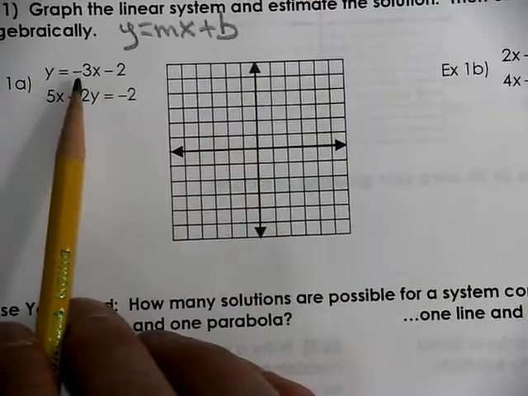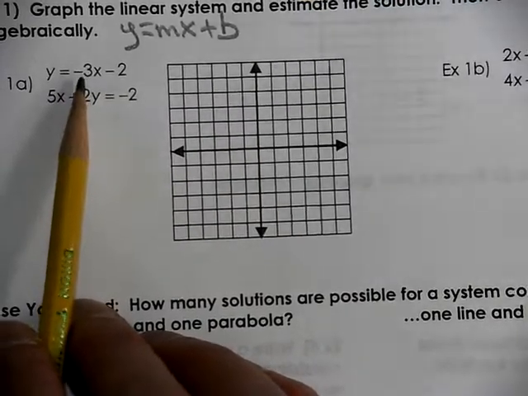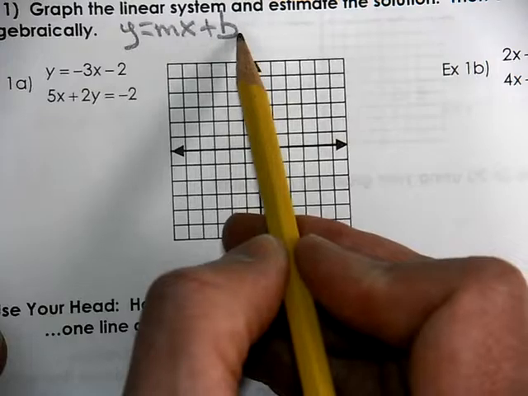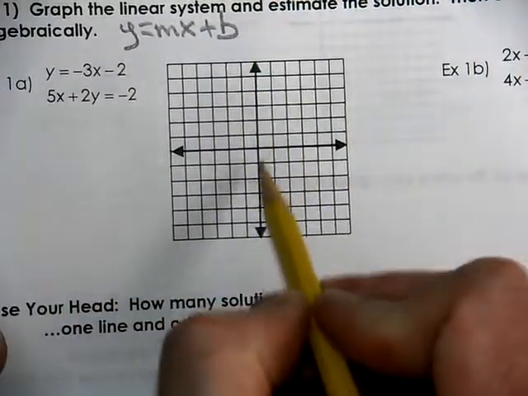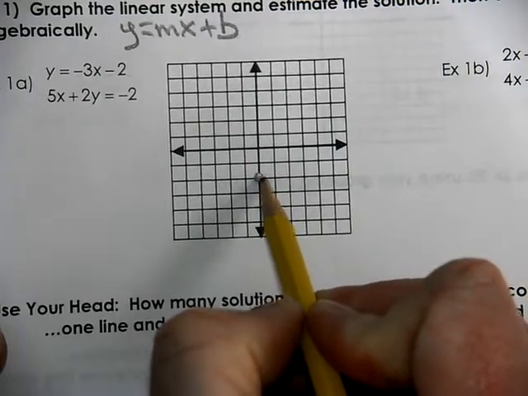So let's take this first equation. There's nothing we need to do with it. The b value, which is the -2, is your y-intercept, so we're going to start at -2.